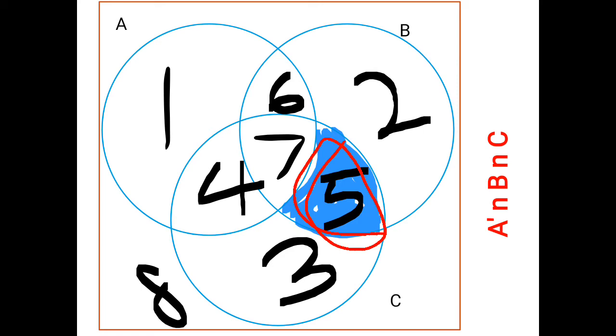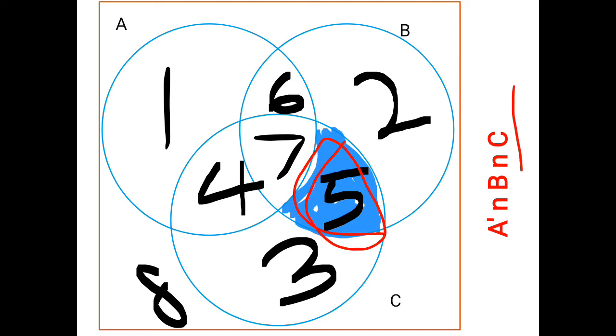So when you are reading, you will see something like B and C only, or B intersection C only, or only B and C, or both B and C only. So this one always has "only" attached to it.